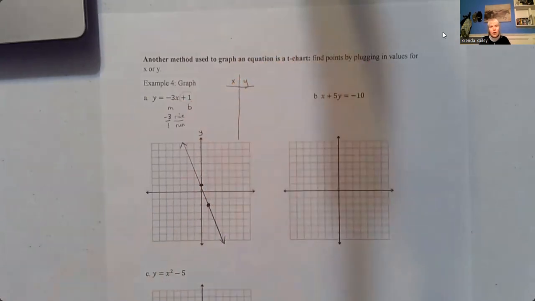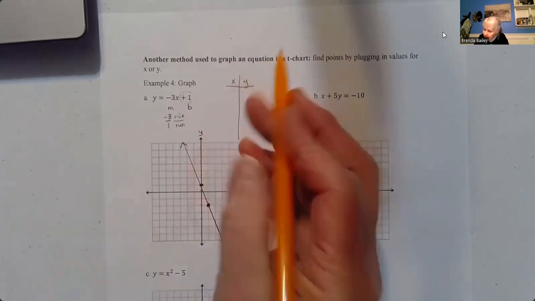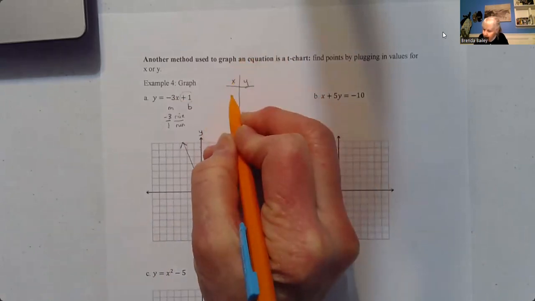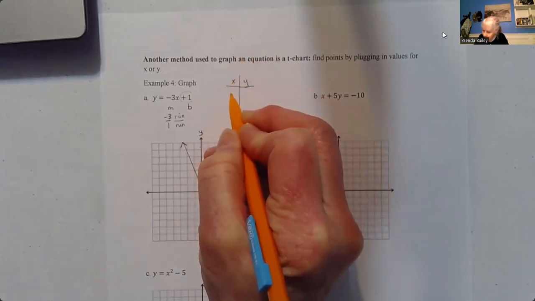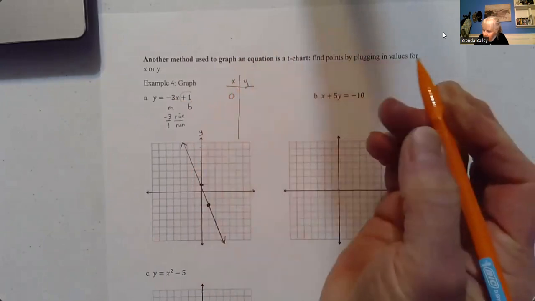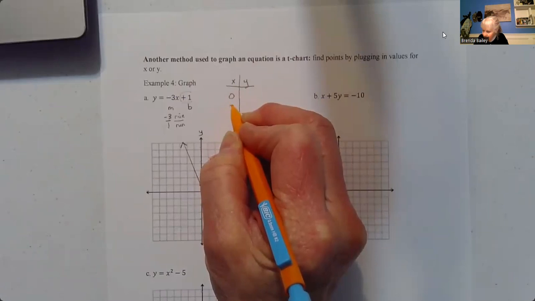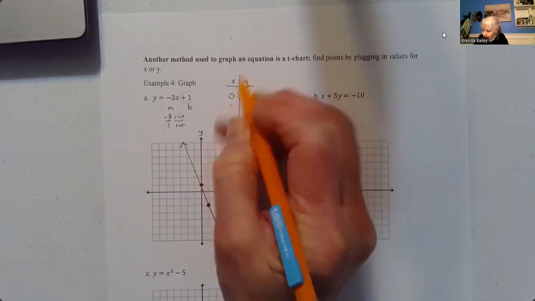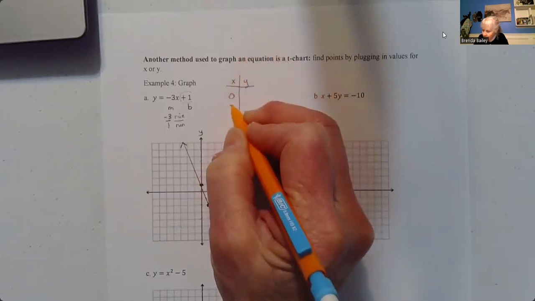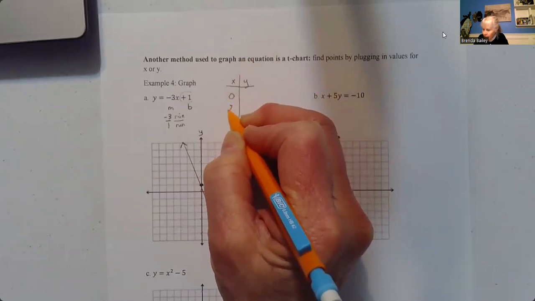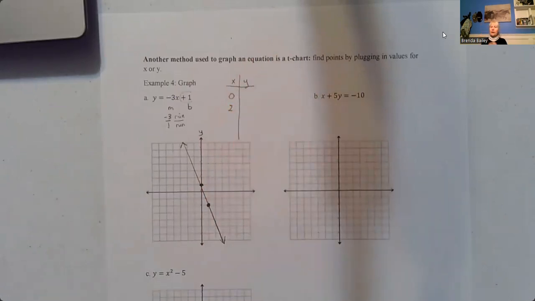For a t-chart, you pick a couple of different x's, or you can pick a y and solve it for the x. Let's pick a couple of x's. Let's say x is 0, and let's say x is 2. They can be anything you want. I just chose 0 and 2.